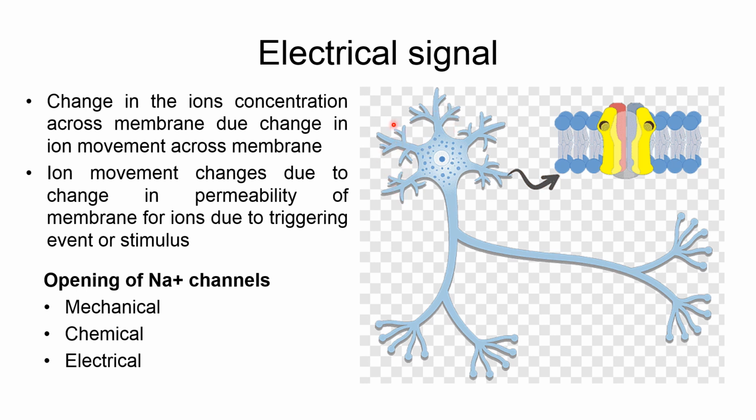So dendrites receive signals, and the cell body regulates the functions of the cell. The cell body has mitochondria, and it has the nucleus that contains DNA, for the production of proteins. These proteins may become channels later on.